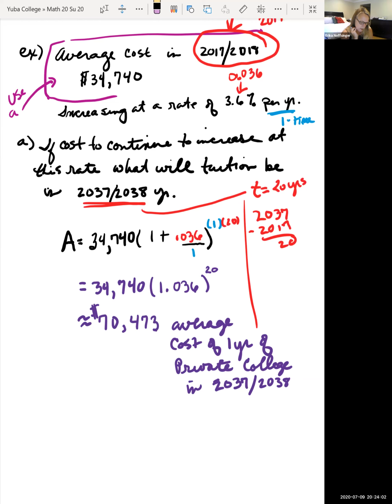If one such plan offers a rate of 2% compounded continuously, how much should be put in a college savings plan in 2019 to pay for 1 year of the cost of college at a 4-year private college for an incoming freshman in the year 2037?